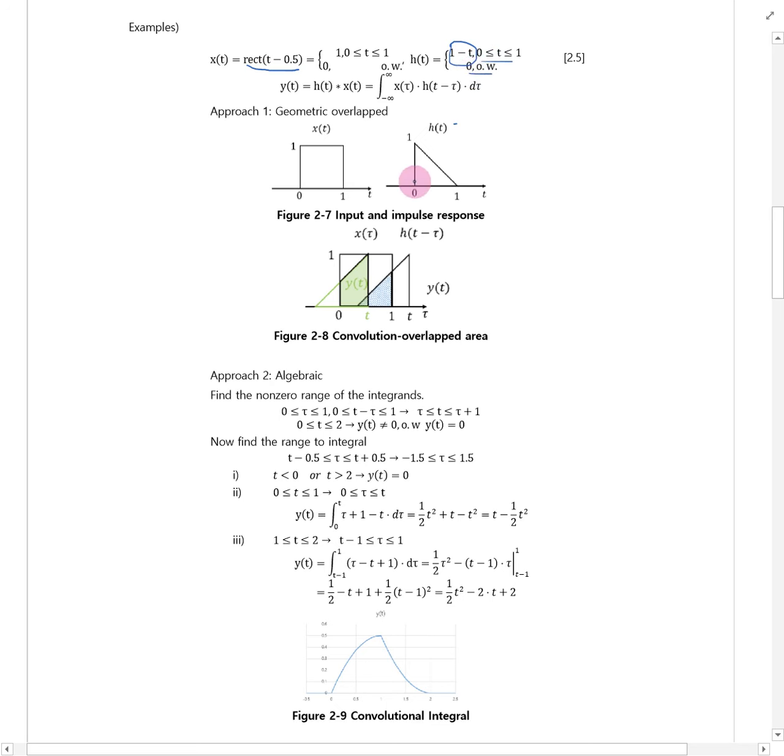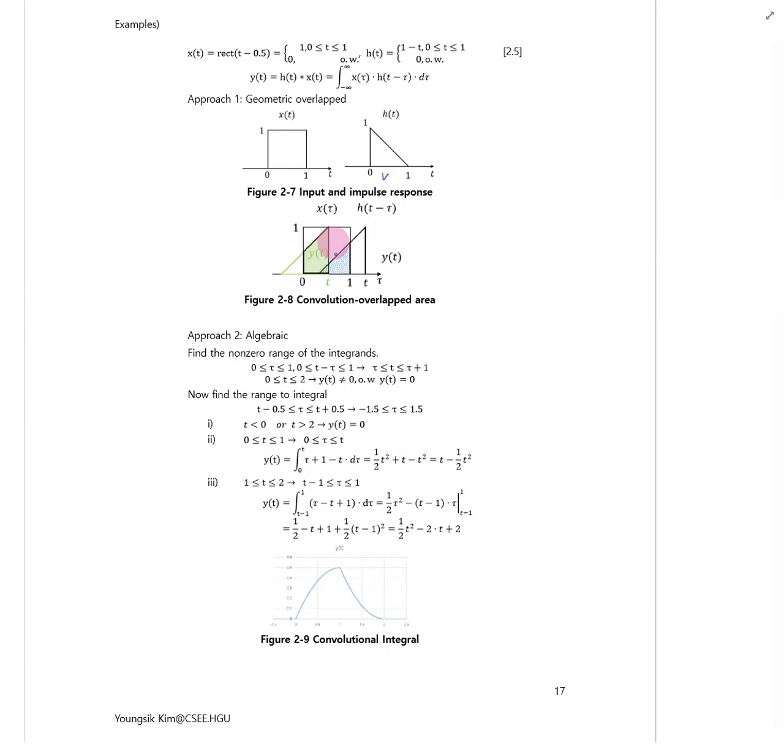You can think of this as a causal system, and from here we can calculate the convolution. You can see x(tau) times h(t minus tau) is multiplied and integrated to give the output. So you can calculate the area.